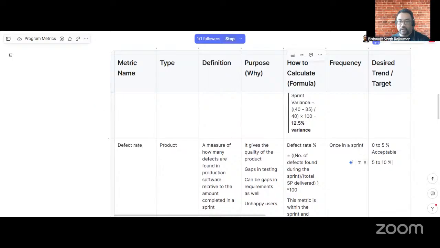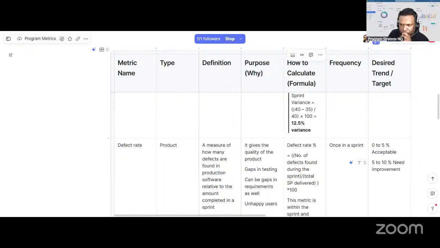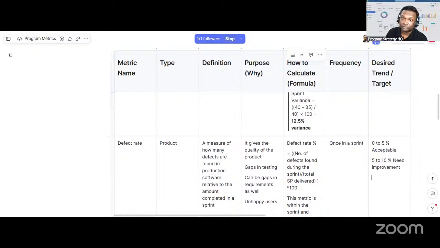And post sprint, ideally it should be below 10%. Post sprint it should be much lesser because it is going to users, right? It should be 0 to 1% or 0 to 2% only. Again, this all depends on how we define it.